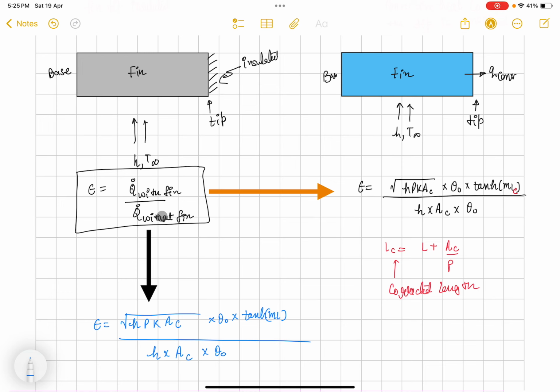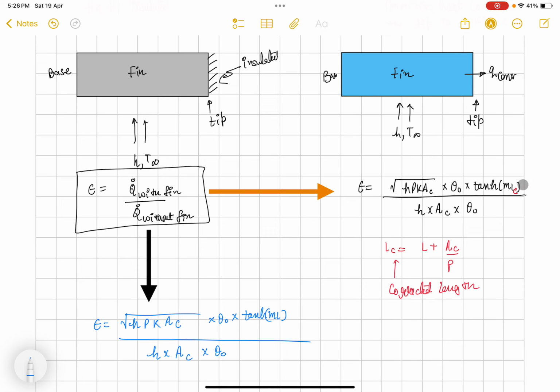For a fin with insulated tip, it is defined as under root of hP kAc, where h is the heat transfer coefficient, P is the parameter of the fin, k is thermal conductivity, Ac is cross sectional area, theta naught is the temperature difference, and tanh of mL.